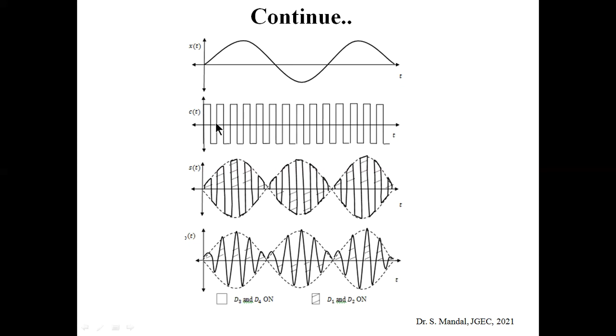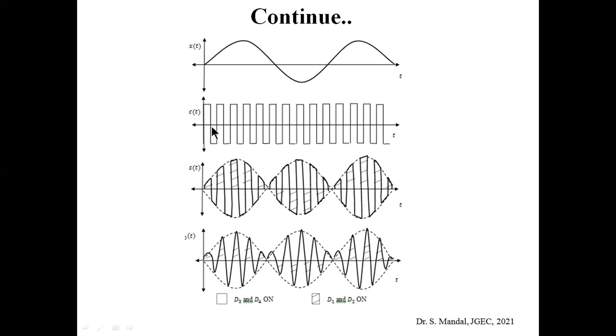So in this portion, the positive part, D1 and D2 are on, which we show using this shaded area. But if you consider the negative part of c(t), then x(t) into c(t) will be negative, because x(t) is positive and c(t) is negative.